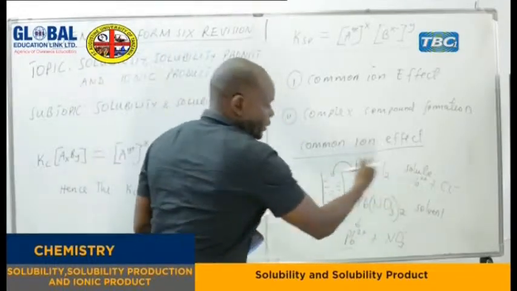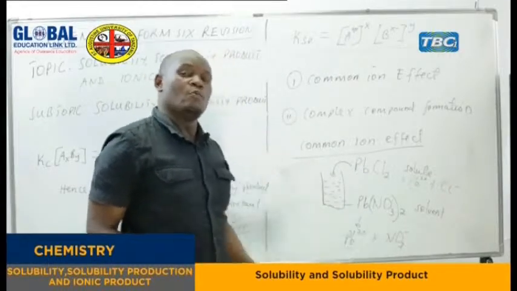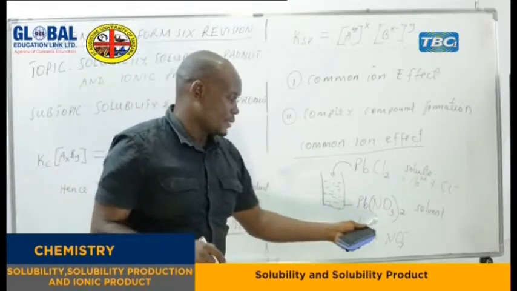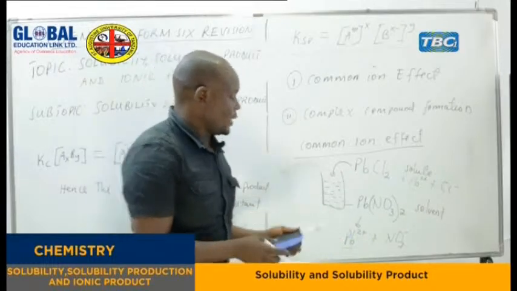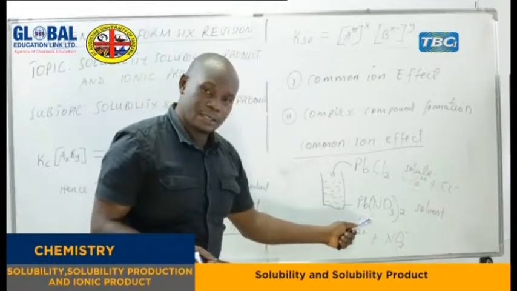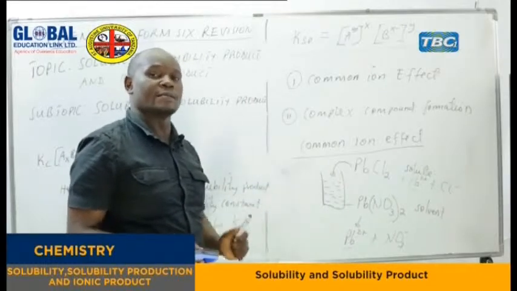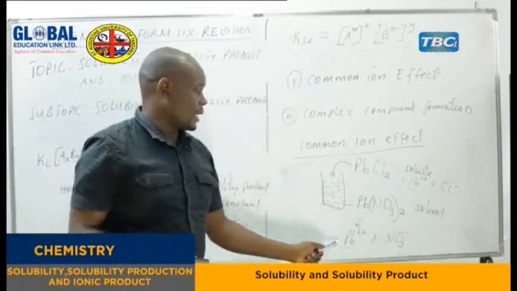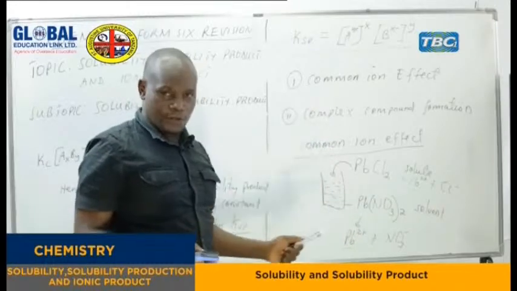So the solubility of lead chloride in lead nitrate will be decreased due to the presence of ions already inside the lead nitrate, and that common ion is lead. From there, the solubility of lead chloride will be decreased in lead nitrate compared to if you dissolve it in pure water, which does not contain any of its ions. So the effect taking place there is known as the common ion effect.